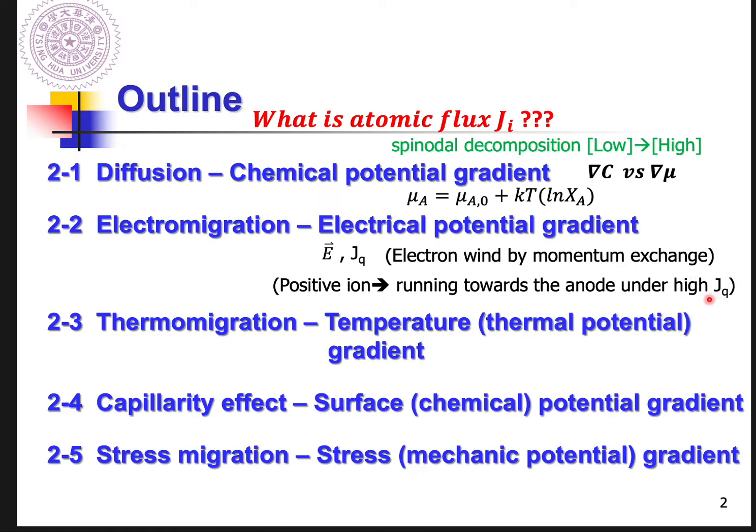So under high current density, that means there is a high enough electron flow to drive or push the positive metal ions toward the anode by momentum exchange. And this phenomenon, people call electron migration.